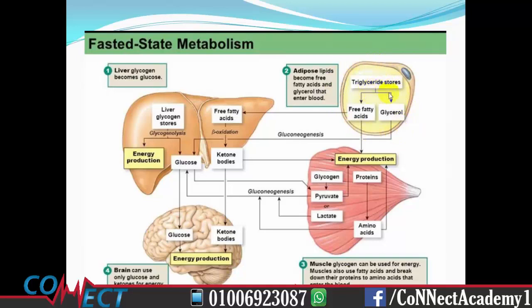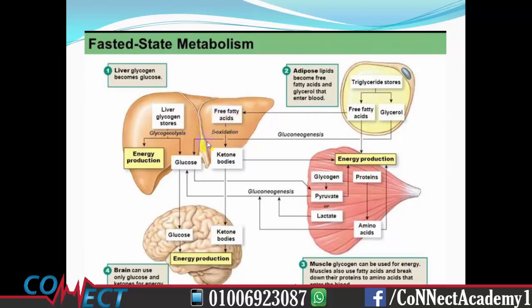The first step is to break triglycerides into free fatty acid and glycerol. Glycerol goes to the liver to go through gluconeogenesis, the formation of glucose again, while free fatty acids go to the liver to be burned by free fatty acid beta oxidation.